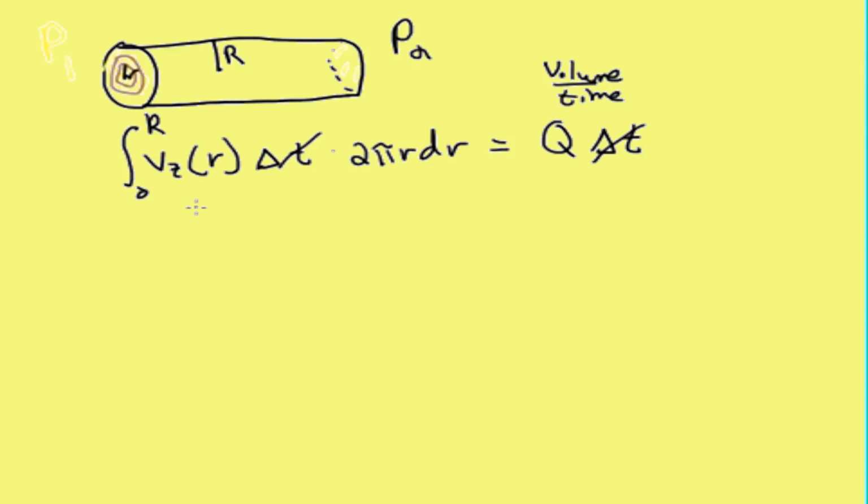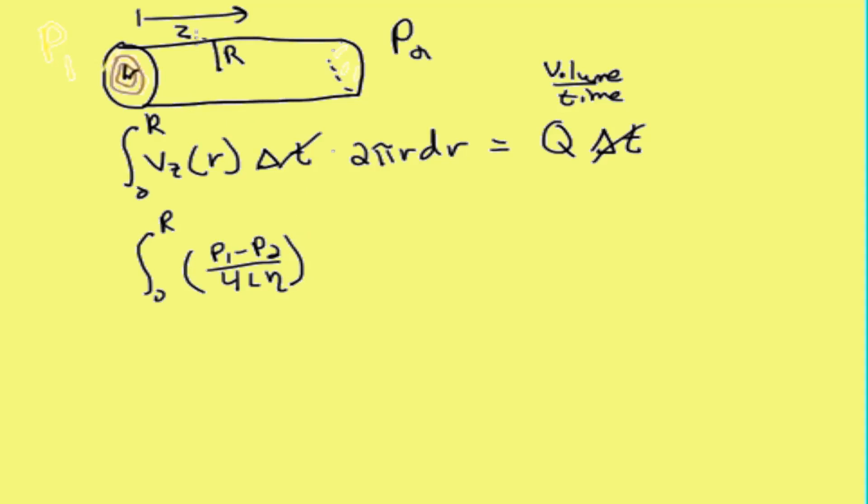So what we need to do is input the velocity profile in the z direction, for different r. The actual derivation of this v of z of r is something you can look at in the notes or in another video. We're just going to use that result right now. So we're going to integrate from 0 to R of P1 minus P2 all over 4 times the length of the tube times eta.